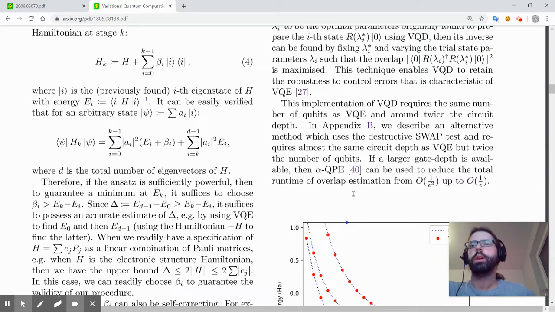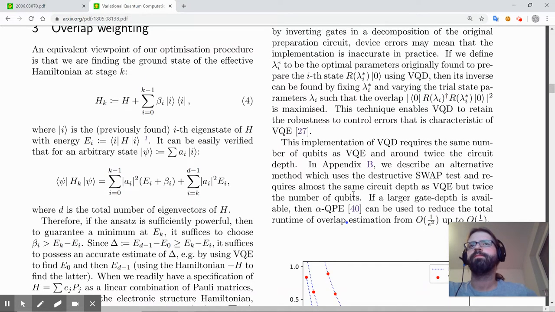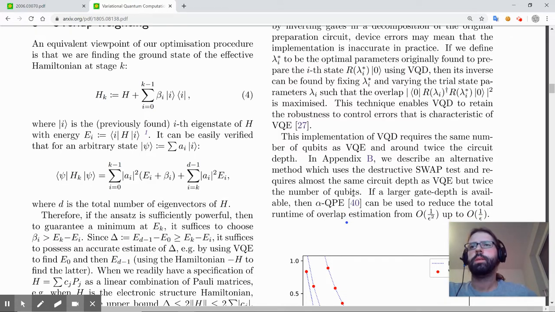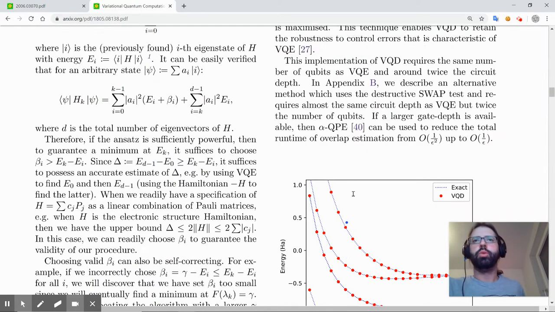Okay, well, it does if you don't want to have double the amount of qubits, right? Because you would literally have to have double the amount of qubits to do that destructive test.